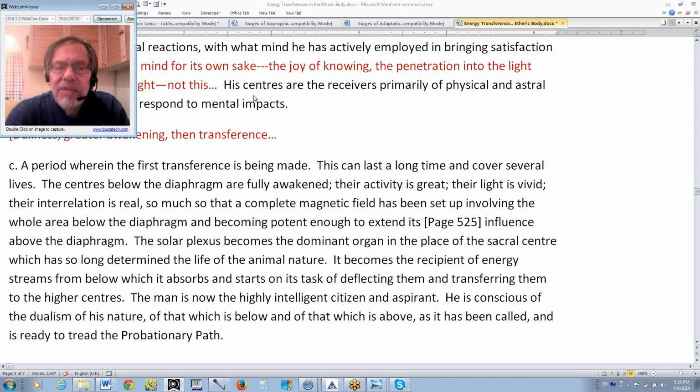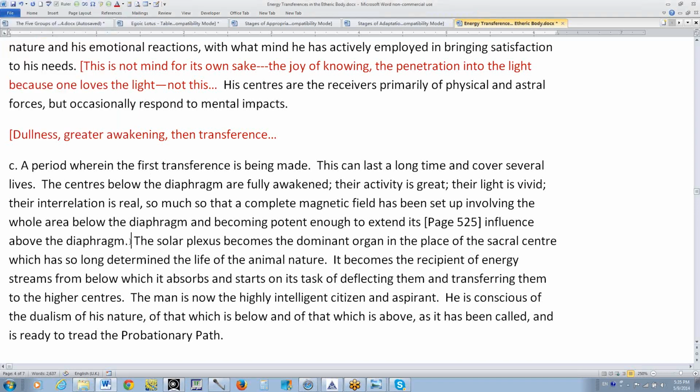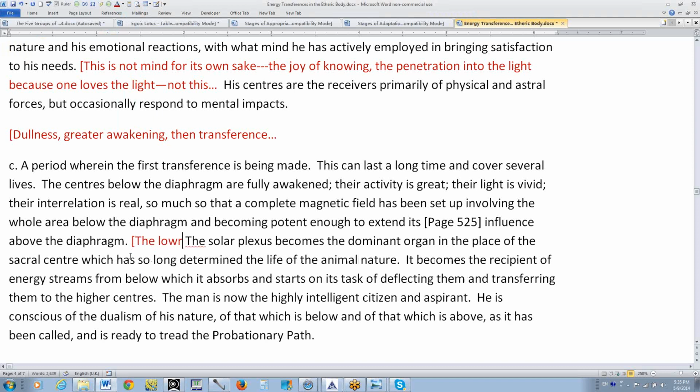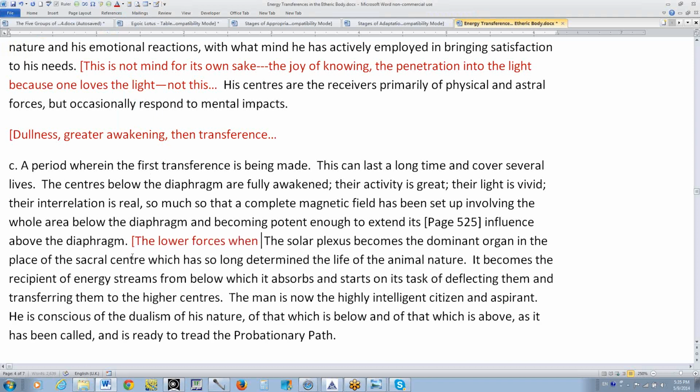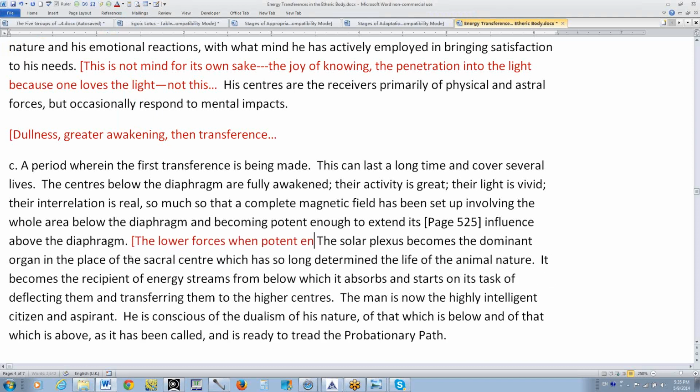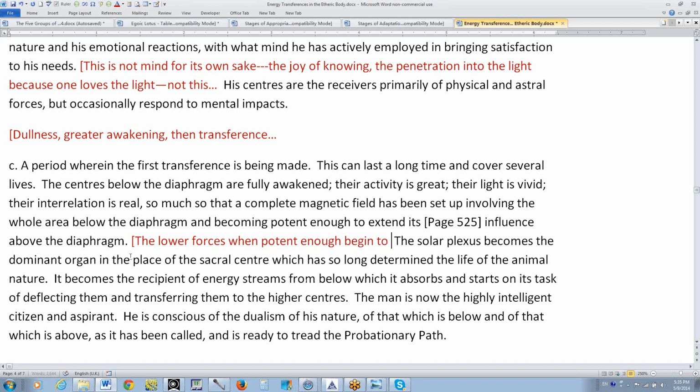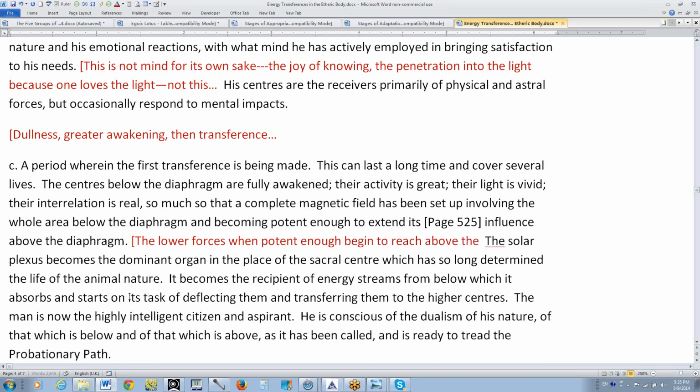So that triangle between those three centers is really operating vitally and becoming potent enough to extend its influence above the diaphragm. This is very interesting. So the lower forces, when potent enough, begin to reach above the diaphragm.